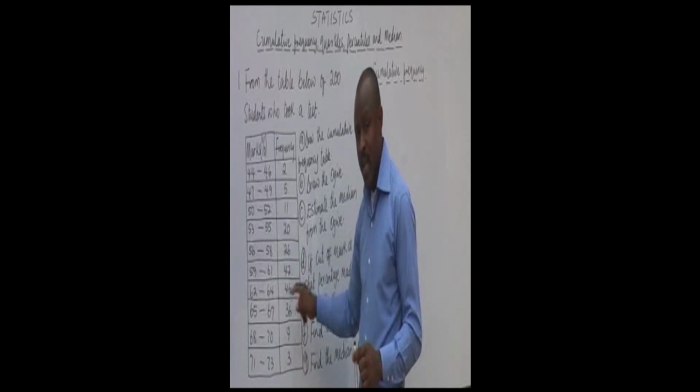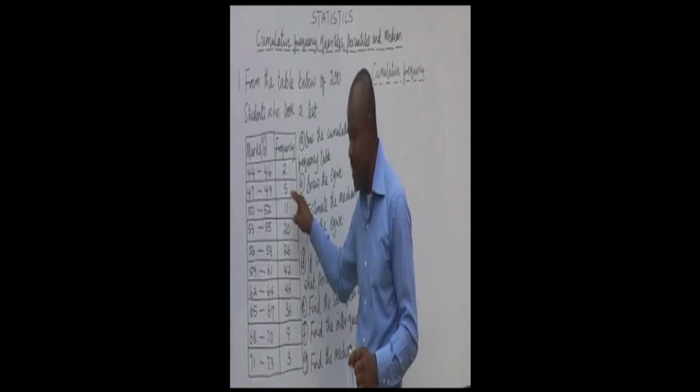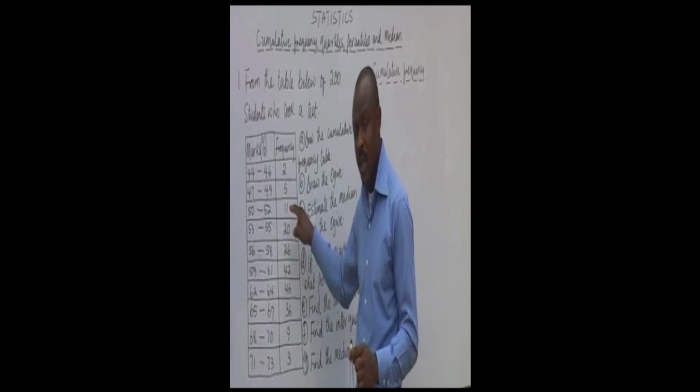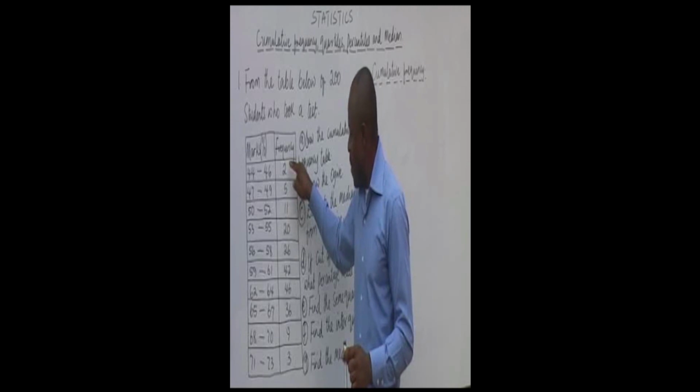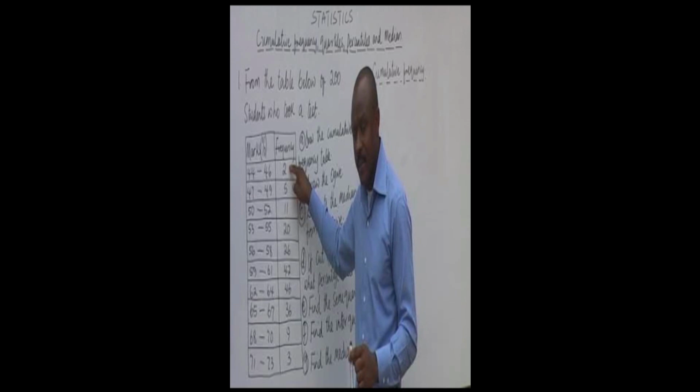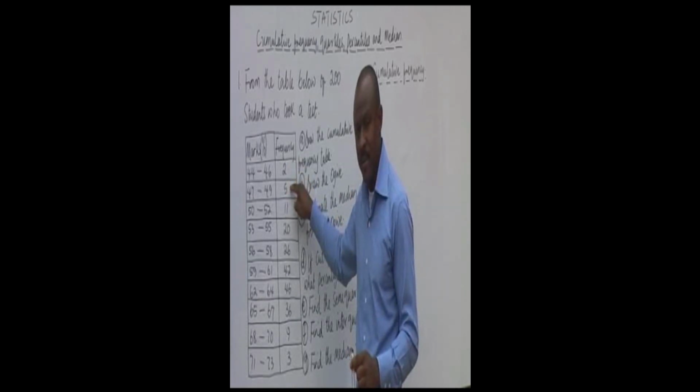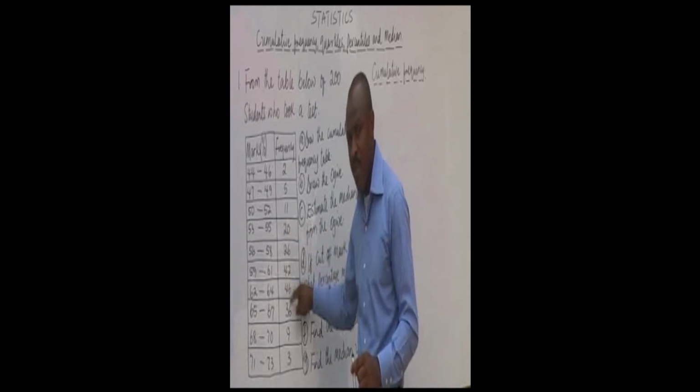The cumulative frequency of this is when you use 2 to represent the first class interval, then the second will be represented by 2 plus 5. The third will be represented by whatever you have gotten from 2 plus 5, added to 11. The next will be represented by adding this to the previous sum, and so on.